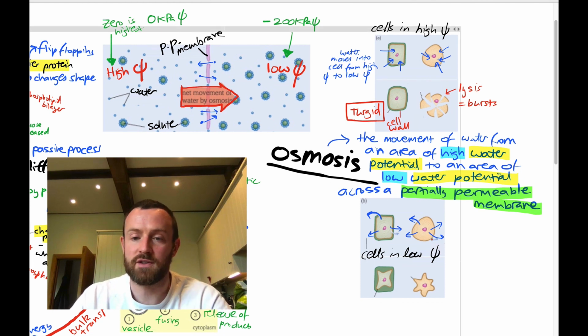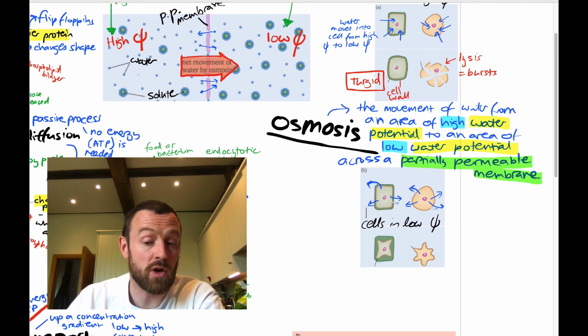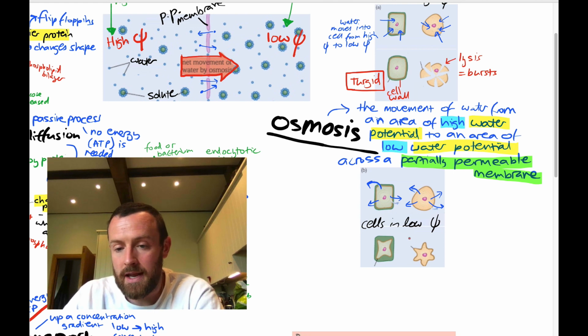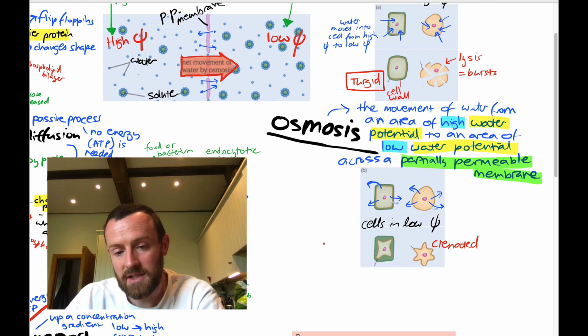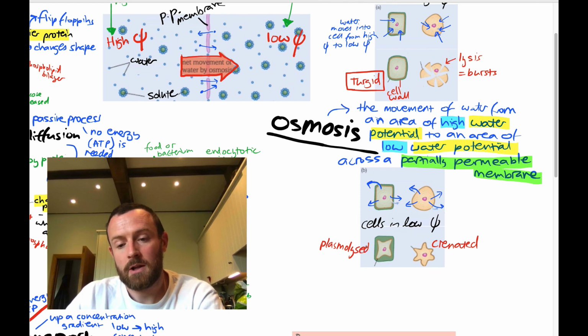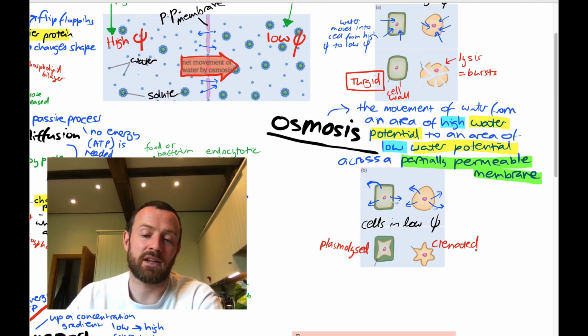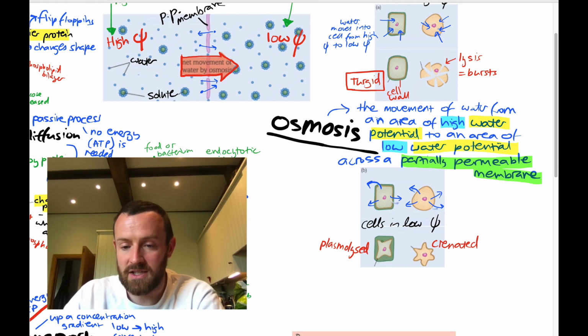Now there's two words for shriveled, a different word for animal and plant cells. In the animal cells, we say that this cell is crenated, and that basically means shriveled up. And in the plant cell, we say plasmolysed. Now the significance of plasmolysed, why is it different from crenated? Well, the cell wall maintains its shape. It's tough, the cell wall.